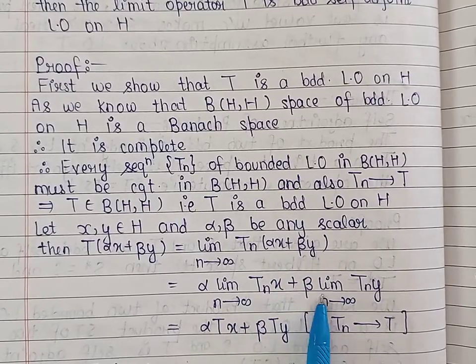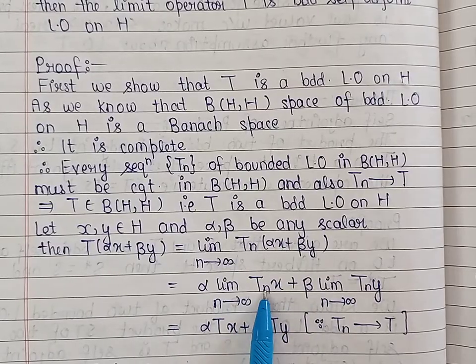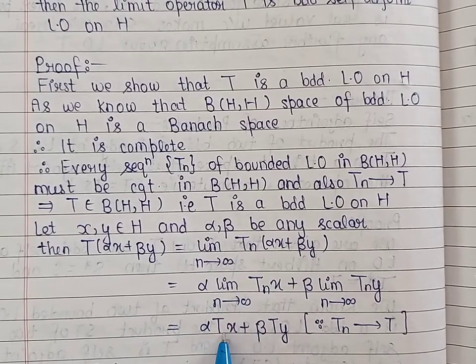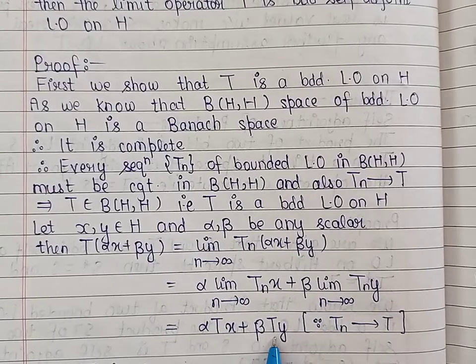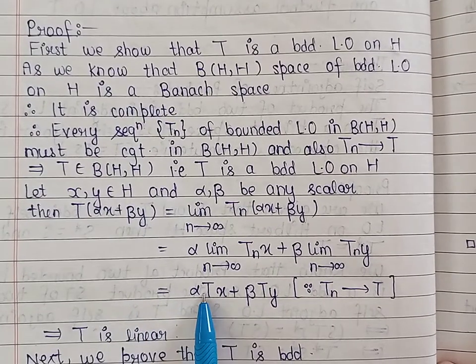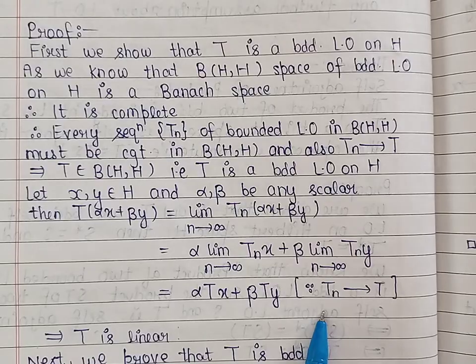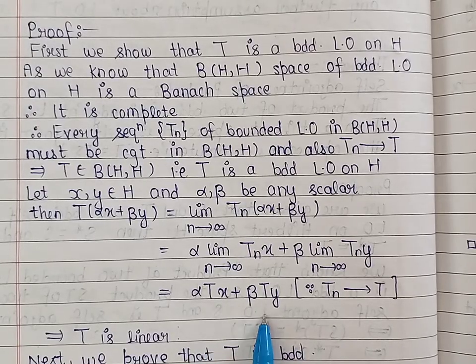Now this can further be written in this form. Because Tn converges to T, this will become Tx and this will become Ty. So we get T of alpha x plus beta y equal to alpha times T of x plus beta times T of y. So this proves that T is linear, and we already proved T is bounded.